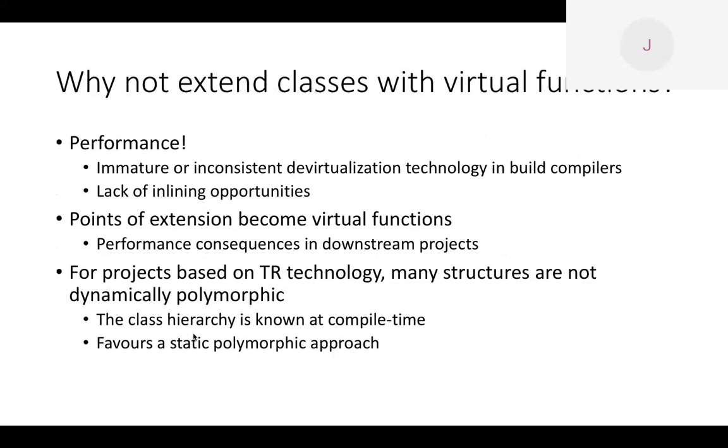So why are we not using virtual functions? Why are we going with static polymorphism? Performance is really one of the key reasons. When we first started this work in 2013, there certainly was some immaturity in some of the compilers in doing devirtualization.